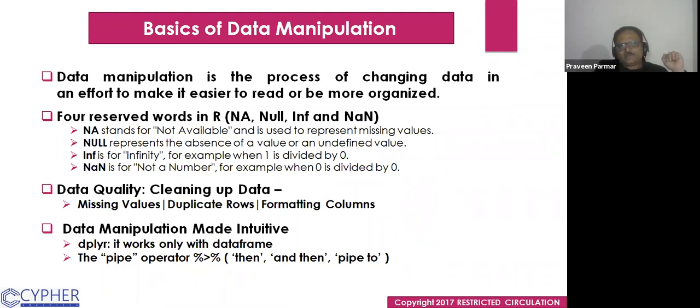Inf is infinite: if you divide something by 0, you will get infinite. NaN is not a number. If we divide 0 by 0, or infinite by infinite, at that moment we get NaN. Does that make sense to everyone?